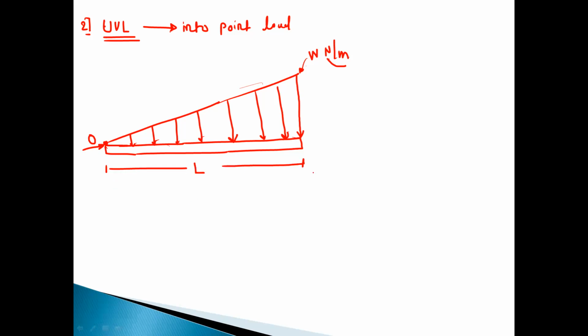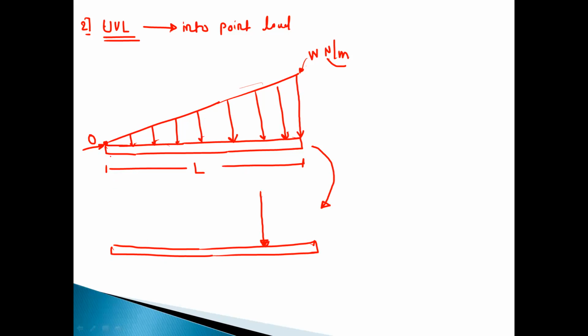Now, while analyzing the beam, that is, to calculate the support reaction, you will convert that UVL into a point load like this. The point load because of the uniformly varying load will act at this point, not exactly at the center.